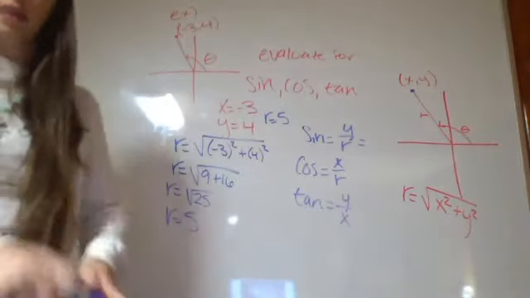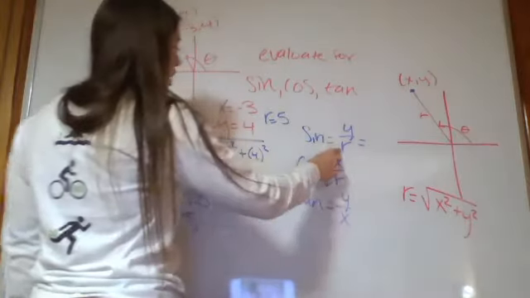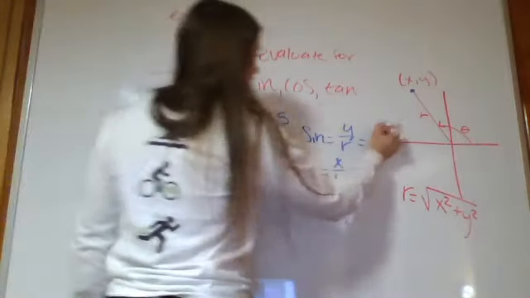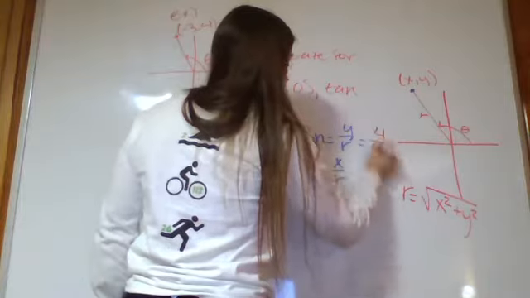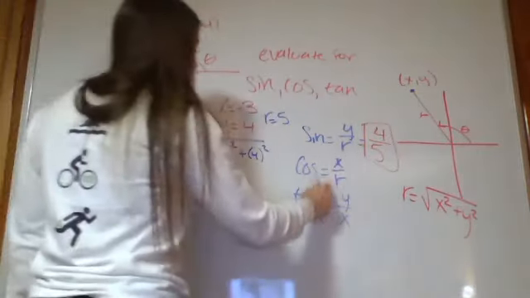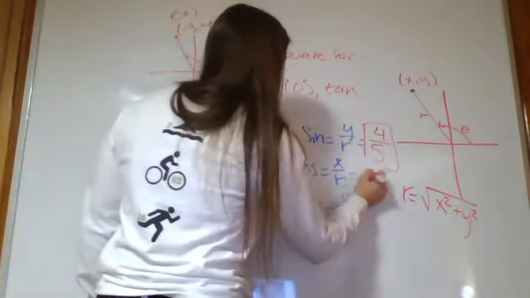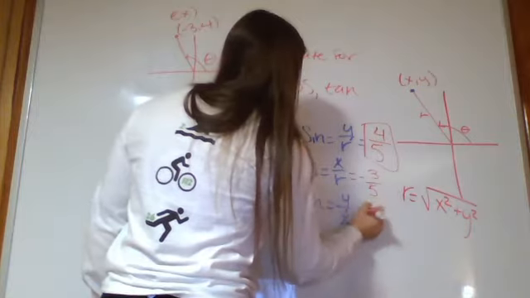So filling in the values that I know, y over r would be 4 over 5, and that would be my sine value. X over r, x is negative 3, r is 5, so that would be a negative 3/5.